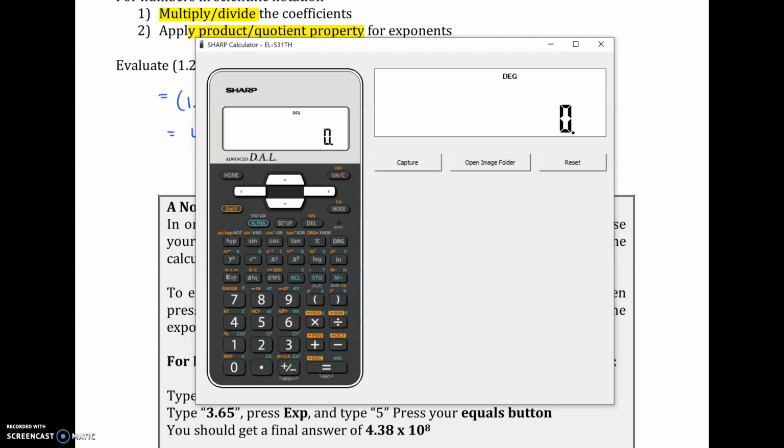Okay, so let's do this same question. 1.20, I'm going to press EXP. Notice when I press EXP, a little times 10 pops up in the calculator. So 1.20, I don't need to type in the times 10 because that's already now been put into the calculator by pressing the EXP button.